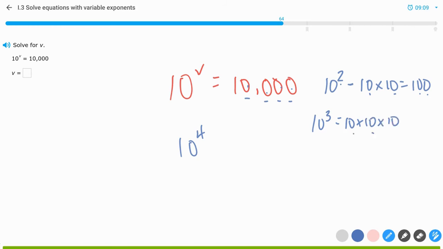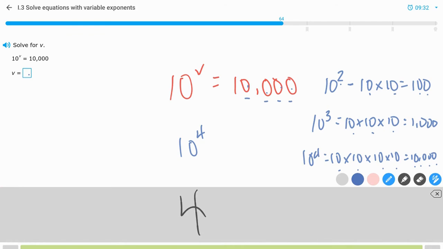I've got 1, 2, 3 zeros. There's my 1, 2, 3 zeros. 10 to the fourth power, 10 times 10 times 10 times 10. I have 1, 2, 3, 4 zeros. 10 to the 4th power, that is a shortcut.